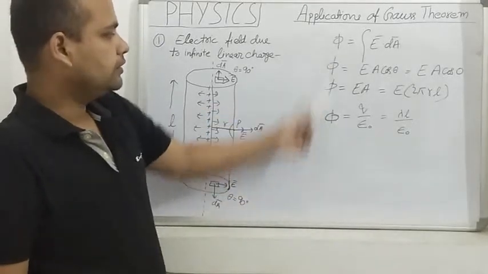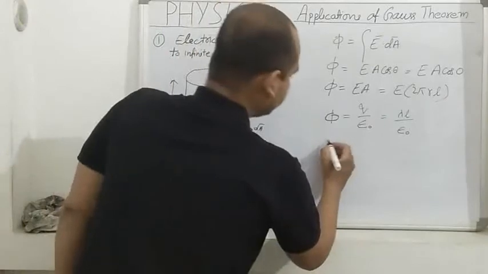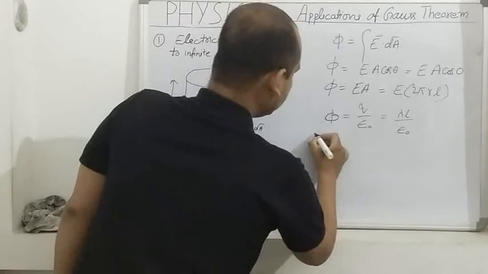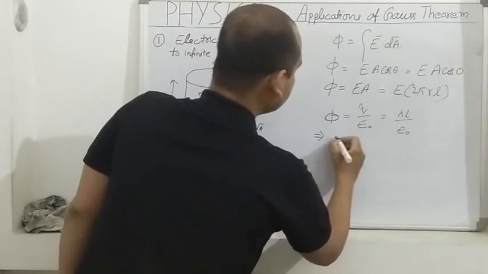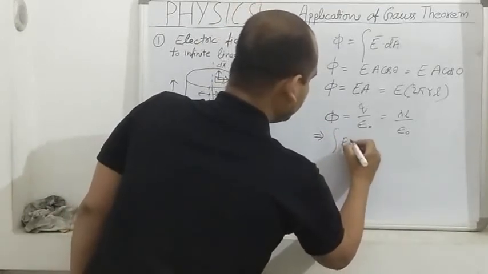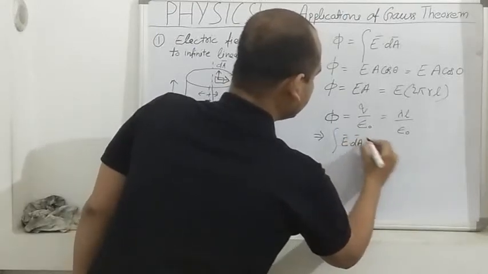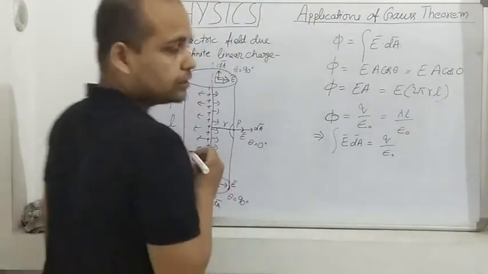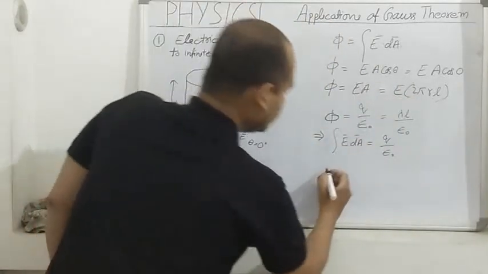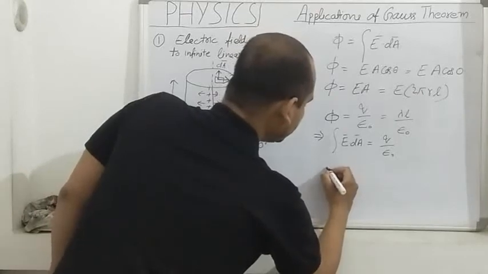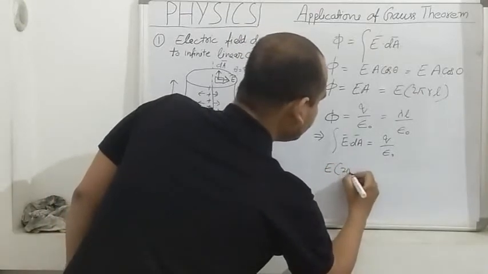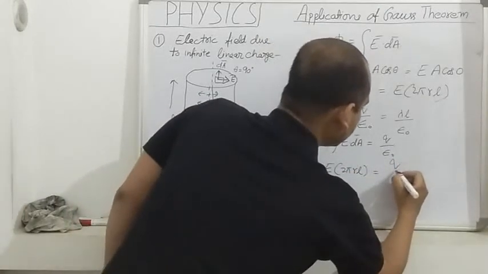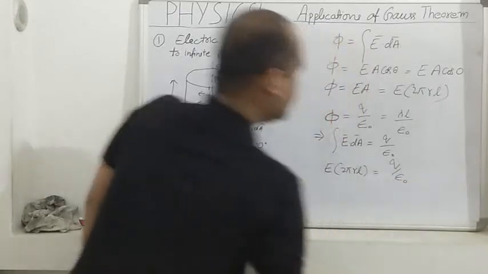Okay, so what we'll do, we'll equate. We'll say integral E dot dA will be equal to Q upon epsilon naught. Integral E dot dA we have calculated, that is E into 2 pi RL, which will be equal to Q upon epsilon naught.